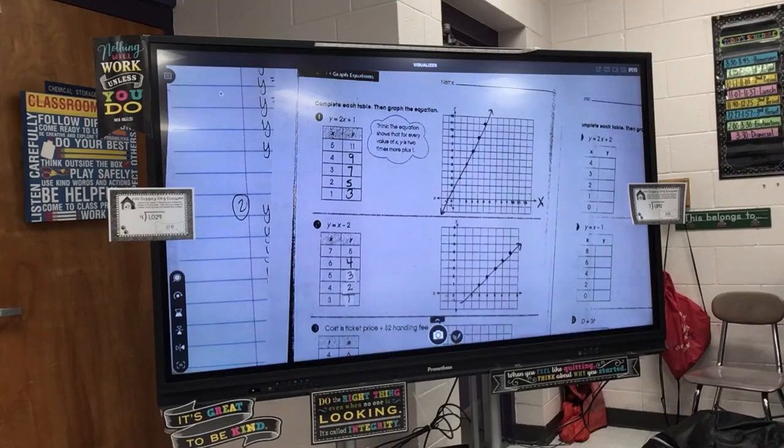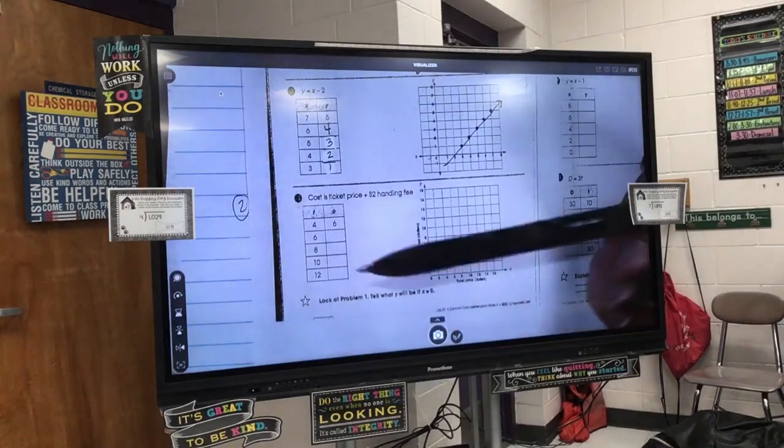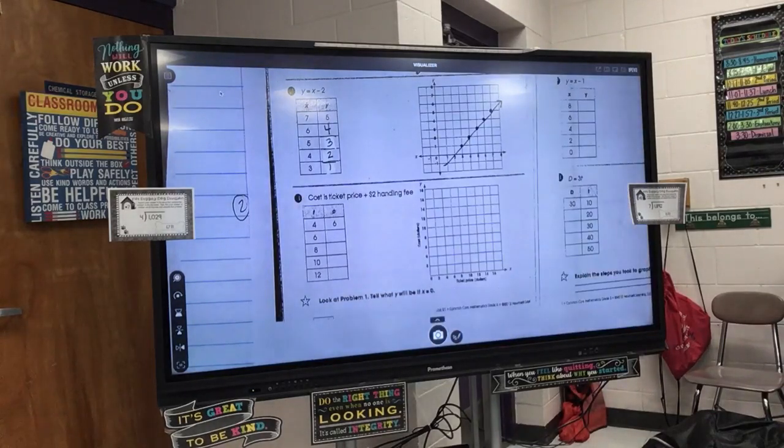Just because the letters change, guys, stop for a second, put your pencils down. Just because the letters change doesn't mean anything, right? It's still X, it's still Y technically. Regardless of your letters, the input produces the output.